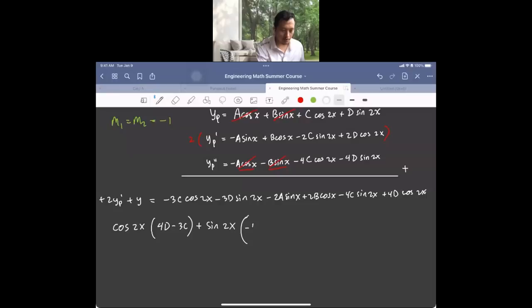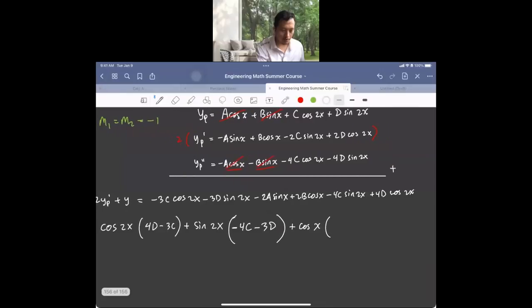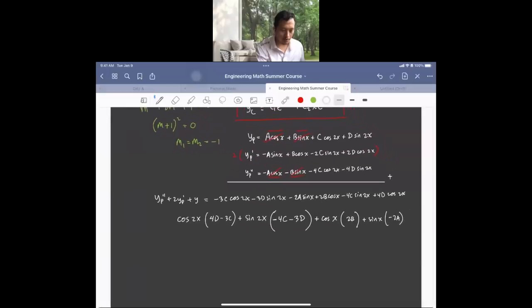And then plus sine 2x is negative 4c and negative 3d, and plus cosine x. Cosine x is just the 2b, and sine x is just negative 2a.